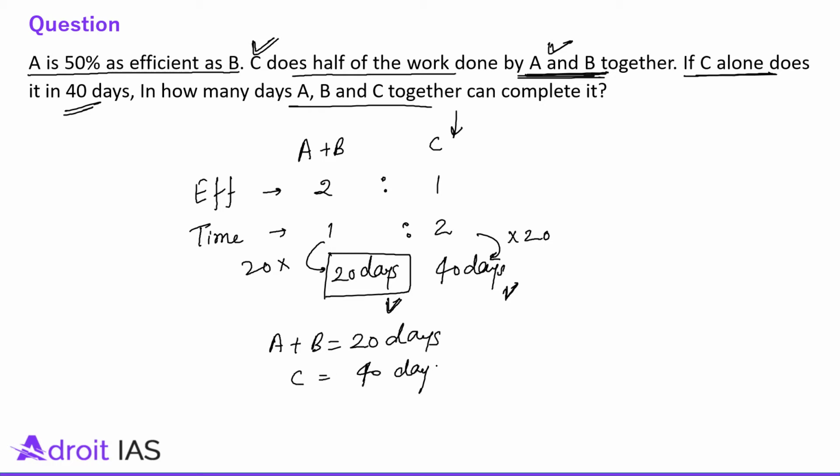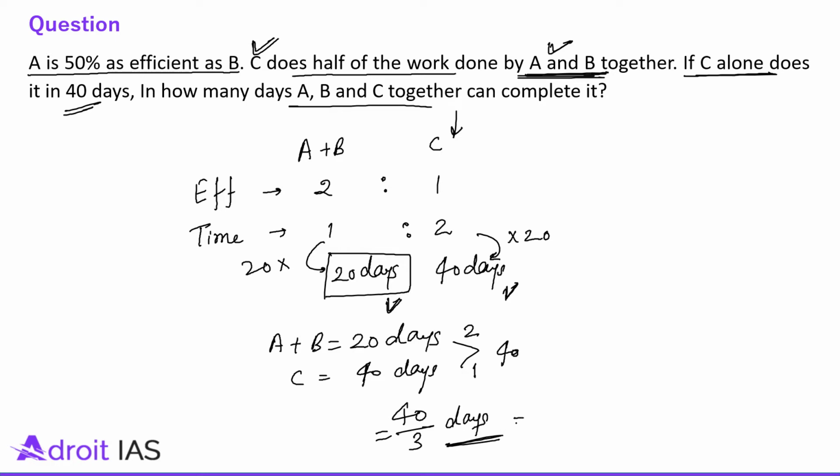The question is asking in how many days all of them working together will finish that work, right? So what is the LCM of 20 and 40? The LCM is 40 only. So this is 2, this is 1, right? So the total time they will be taking is 40/3 days, right? Okay, everyone.